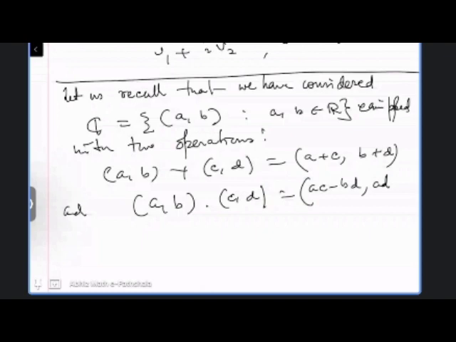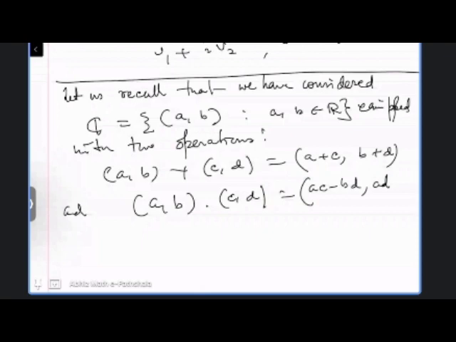And we look at this case and we can identify any real number a with a member of C, which is a comma 0.